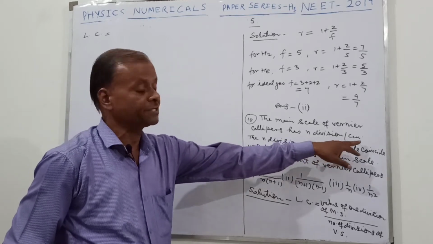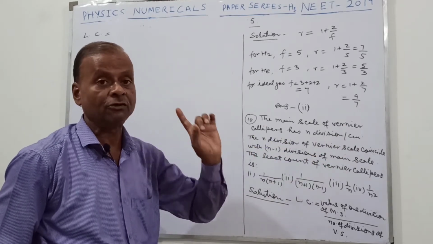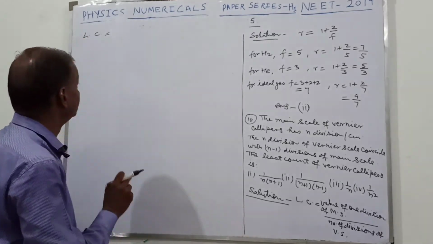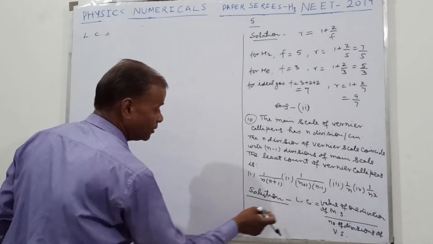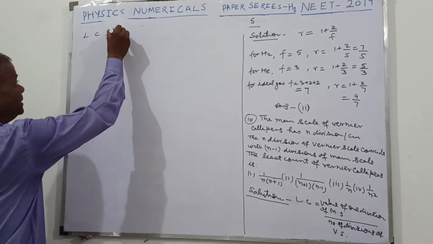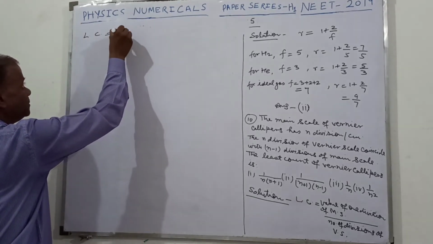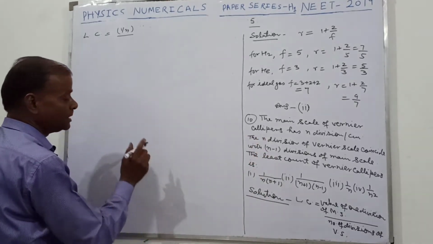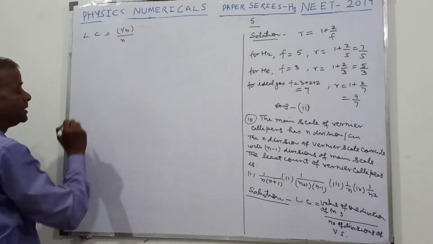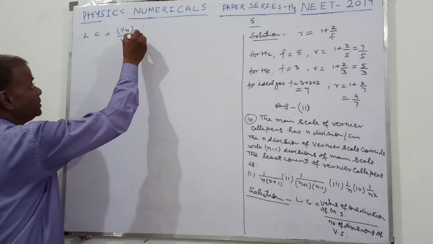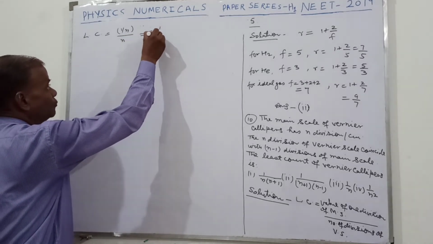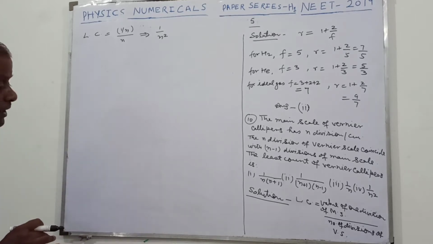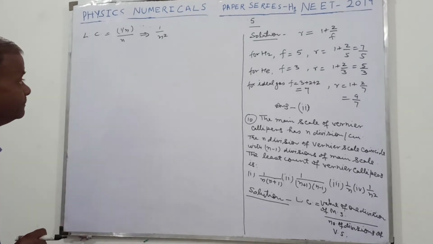N divisions per centimeter means 1 centimeter equals n divisions. So the value of 1 division will be 1 by n centimeter. The value of 1 division of the main scale, 1 by n, upon the total number of divisions of the vernier scale, which is n. So this is equal to 1 upon n square. This is one way to find the least count of the vernier scale.